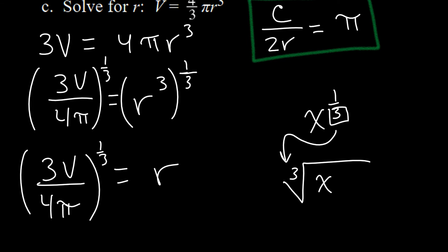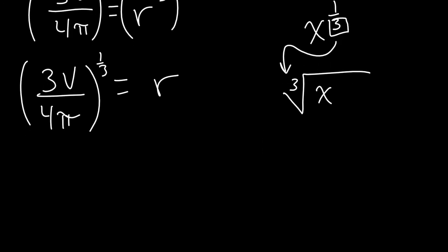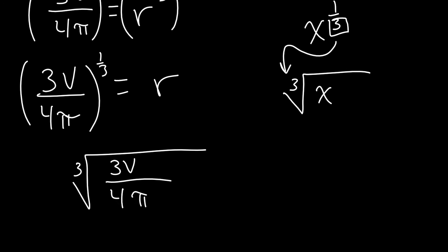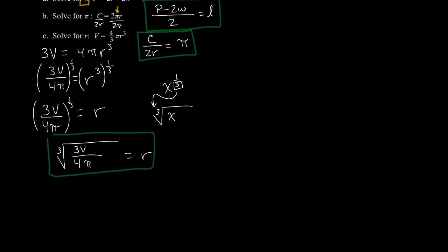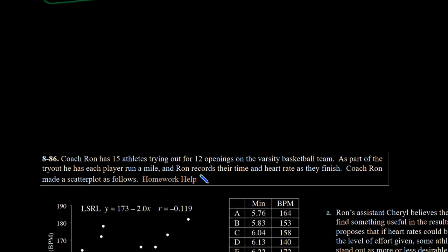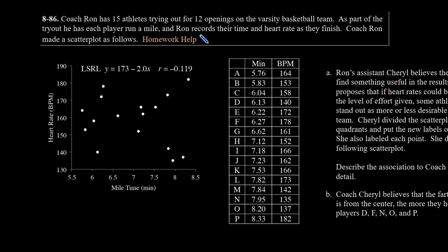So you can either say that r is 3v over 4 pi to the 1/3 power, or you can say that r is the cube root of 3v over 4 pi, and that is what r is. That's fun. In fact, it's so much fun, I'm going to put a green box around that. I enjoyed that problem. Okay, let's move on down to question 86.